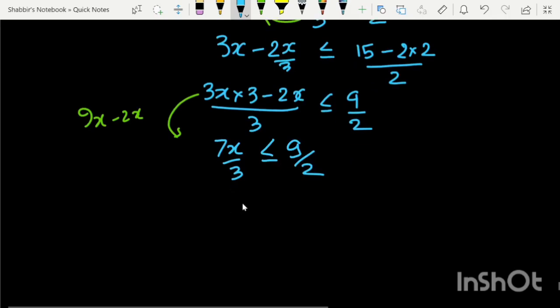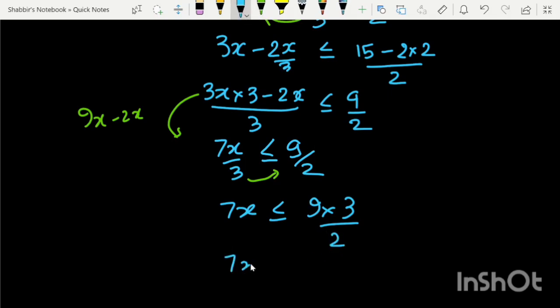Now we will cross multiply 3 since it is positive on the right hand side. So this 3 goes here, so it gets multiplied by 2. 7x less than equal to 27 by 2.